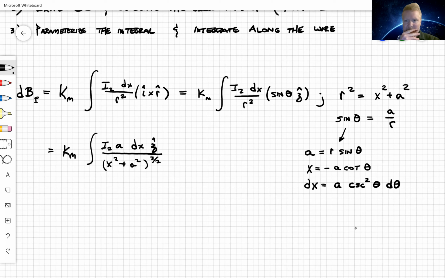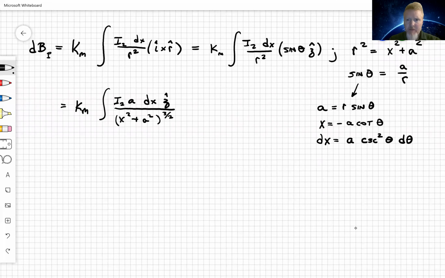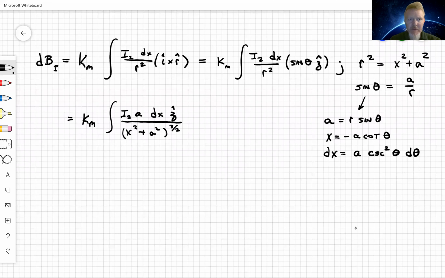All right, so if I go up here, then this thing's going to turn into this awful mess again. And I2 is constant, so we'll just pull that out of here. That doesn't have any part in the integral here.